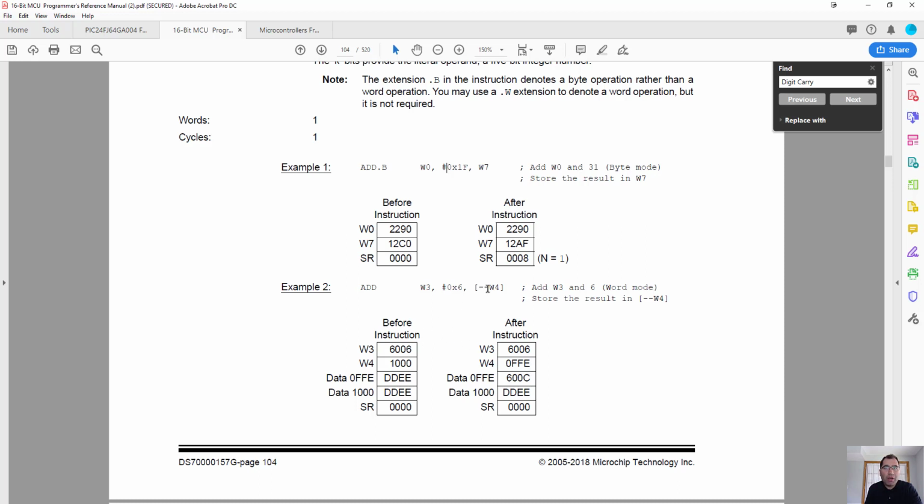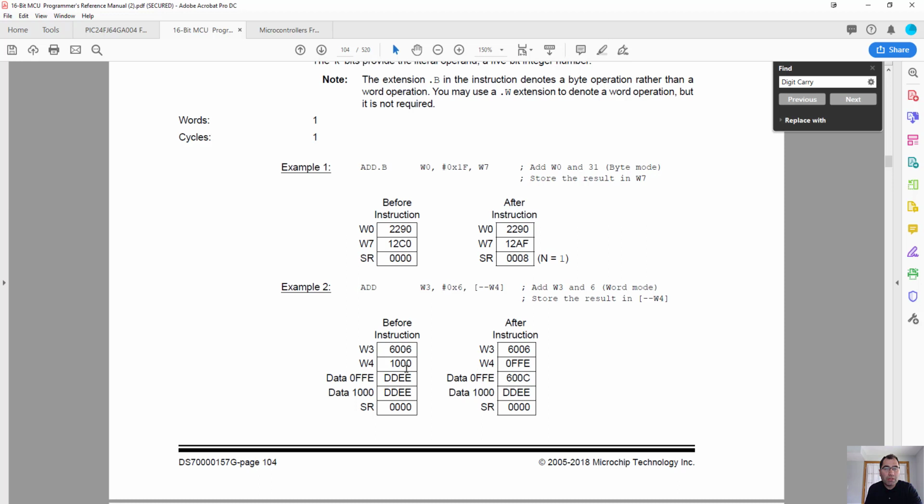Okay, anything else? Where does the sum go? The sum goes into that address, right? You first decrement the content of W4, and since W4 holds the address location, you decrement that and get FFFE, and then the instruction goes to that address.